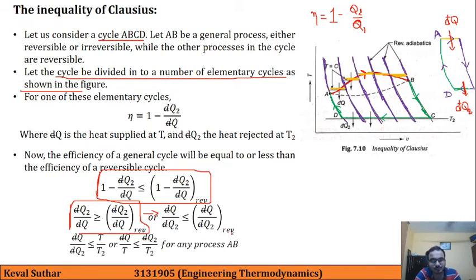So here, for a reversible cycle we can simply put the temperature ratio. Let me write it over here: δQ divided by δQ2 reversible is equal to T upon T2.